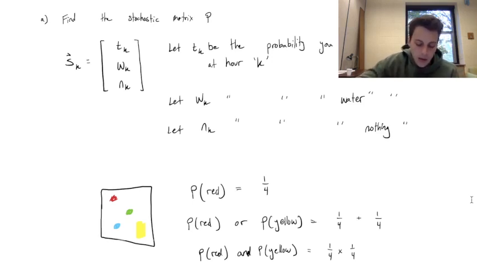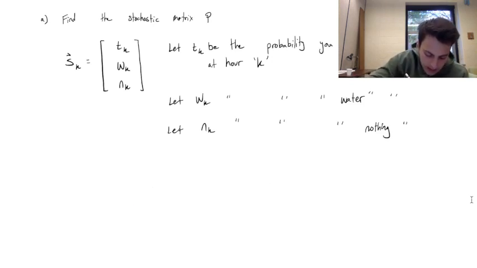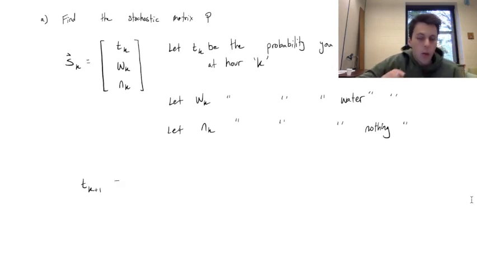Let's take a look at t_{k+1}. What are the different events, let's call them, that you could be drinking tequila the next hour? I can think of one event, event number 1.